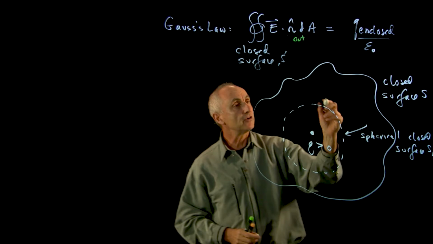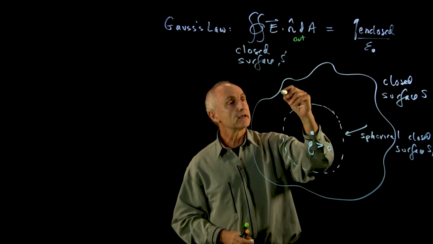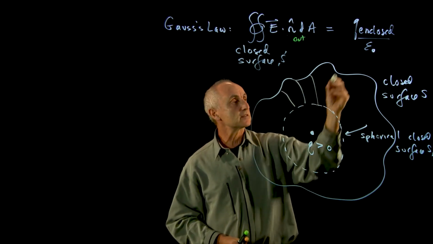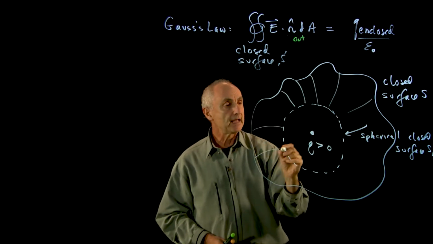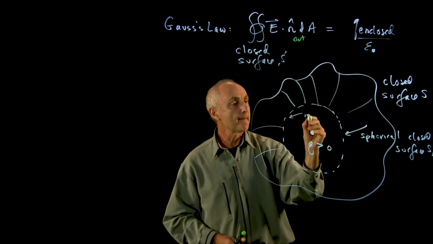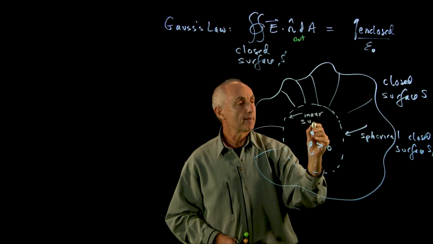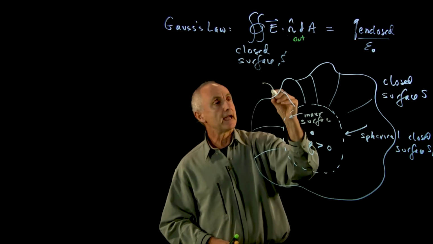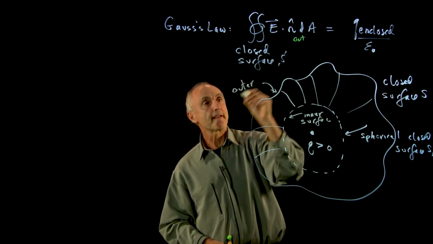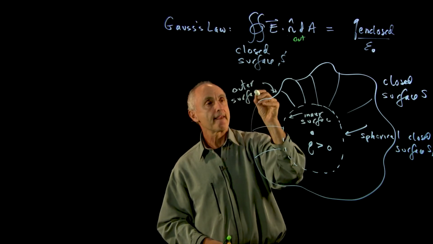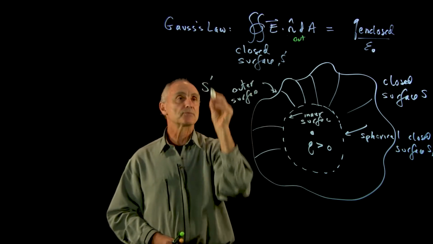But I now have a surface that consists of two pieces in some way. It has an inner surface and an outer surface. And I want to call this S prime.